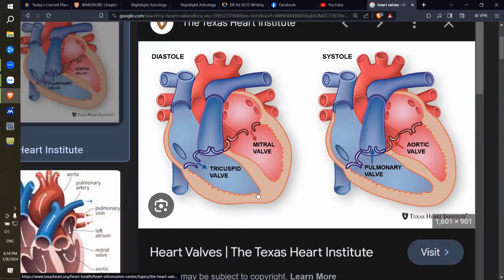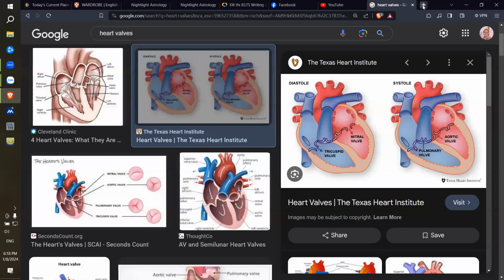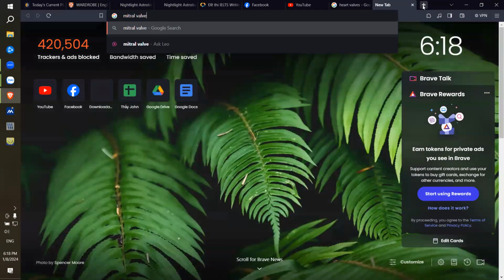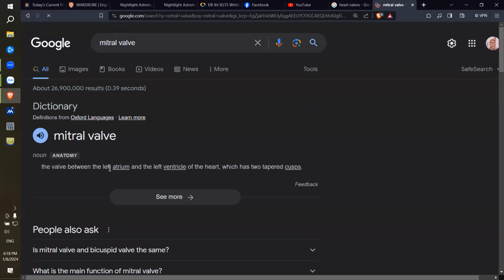Next is the bicuspid valve. We call it the mitral valve as well. The mitral valve is between the left atrium and the left ventricle. It has two cusps and it helps prevent blood from flowing back. The mitral valve has two tapered cusps.